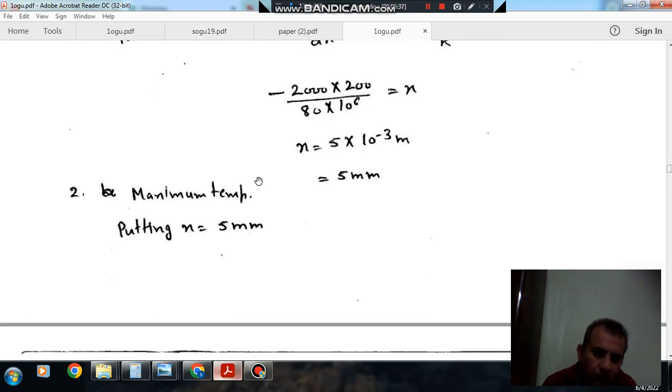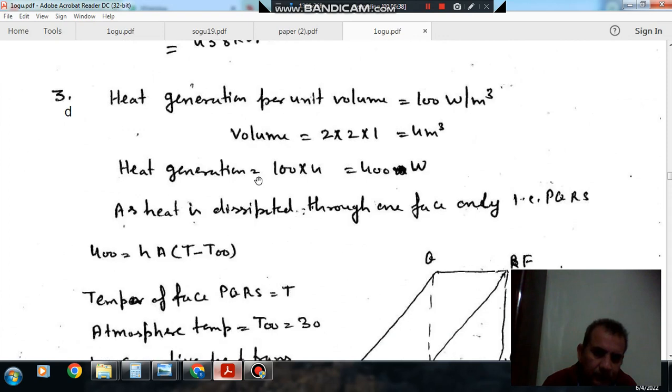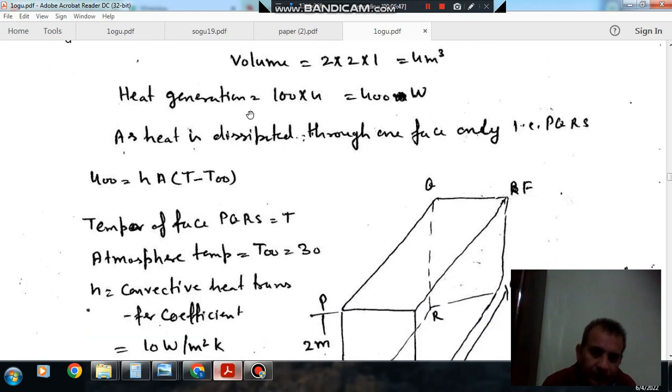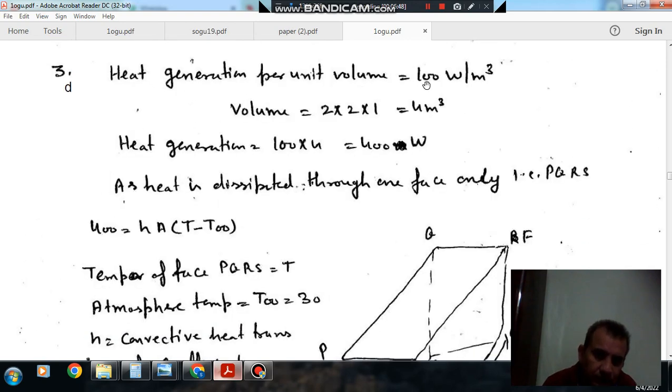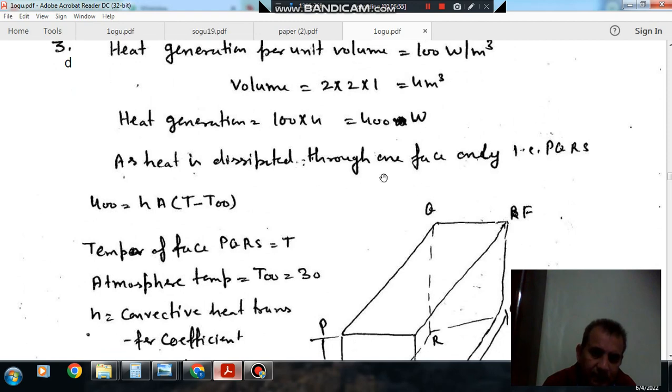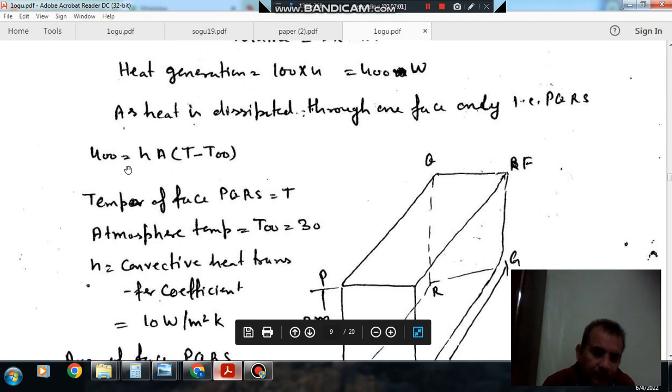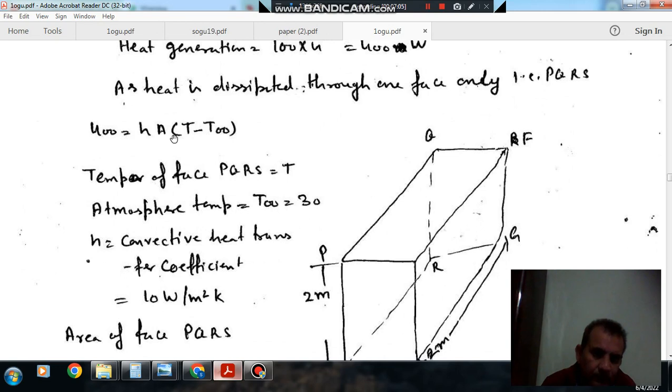Now the heat generation per unit volume is 100 watt per meter cube and the volume is 2 into 2 into 1, that is 4 meter cube, so the heat generation is qg into volume, that is 400 watt. As the heat is dissipated through one face only, that is PQRS, the heat dissipation will be hA(T minus T infinity).